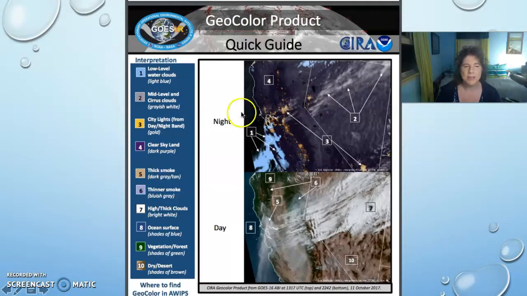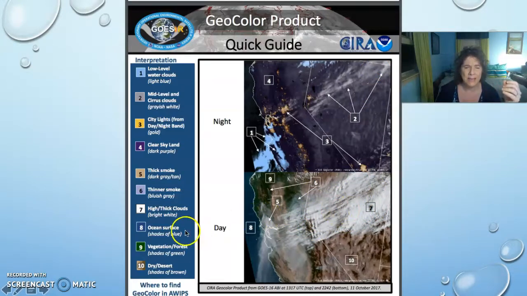So like I had mentioned to you, here's your legend here that is showing that blue is for low-level clouds at night. Right? This is the California area around San Francisco. Low-level clouds, meaning fog around San Francisco at nighttime. And the higher-level clouds and the mid-level clouds are more shades of gray to white, just as the high-level clouds during the day are white.